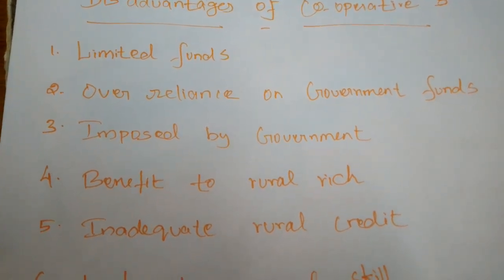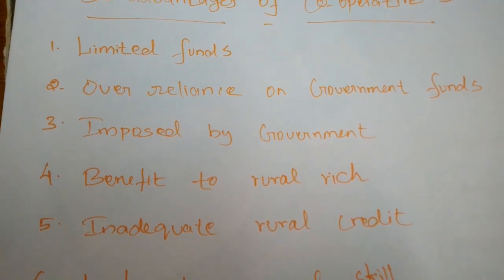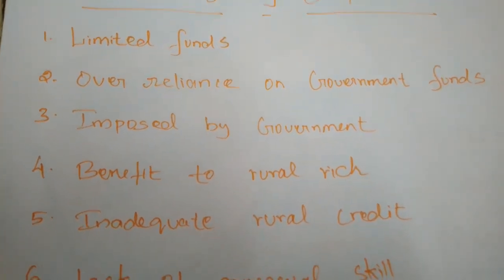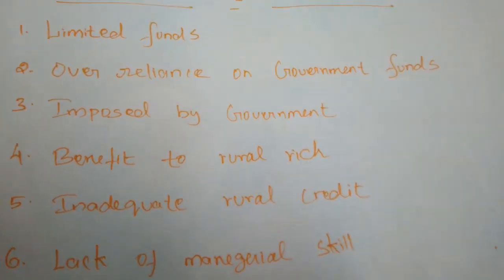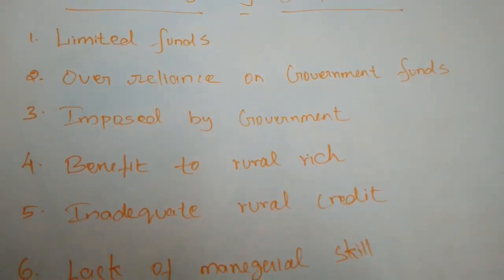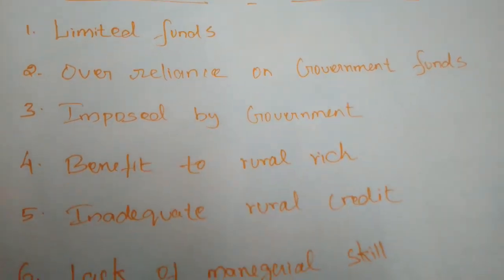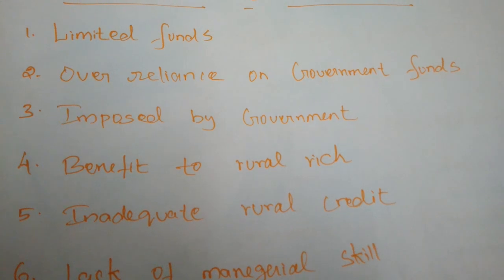The principle of one man, one vote and limited dividends also reduce the enthusiasm of members. Suppose if the people are having more power in these cooperative organizations, we have some opportunity to increase the members. But here, one of the objectives is one man, one vote.